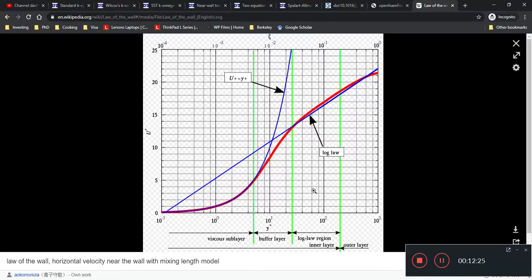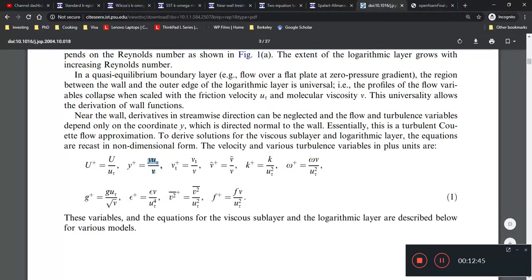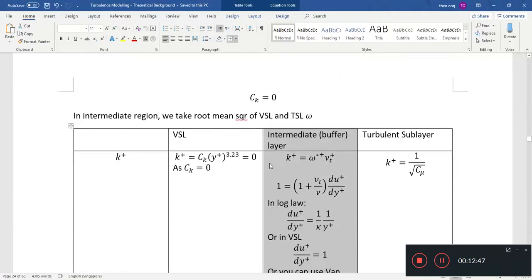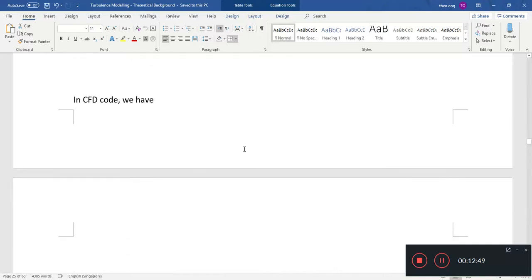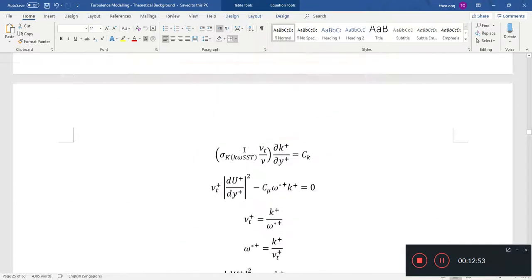But the trend is actually pretty well approximated by these blue curves. This blue curve is the log law, and this blue curve here is the viscous sublayer. So I'm not going to do too much on that, but we can have two functions to approximate this.